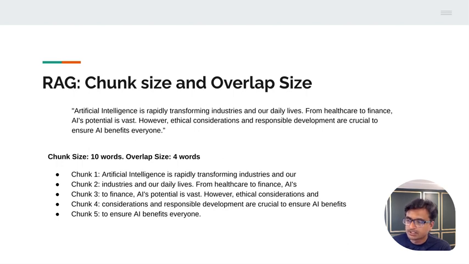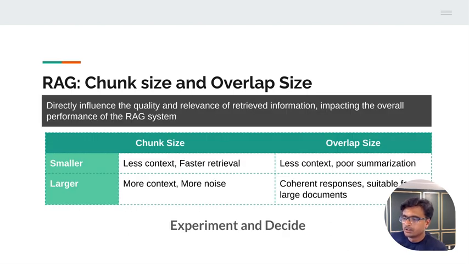Now you can tweak these inputs to something else and create a different number of chunks, but there are some advantages and disadvantages to it. For example, if you have a smaller chunk size, there is less context in each phrase.